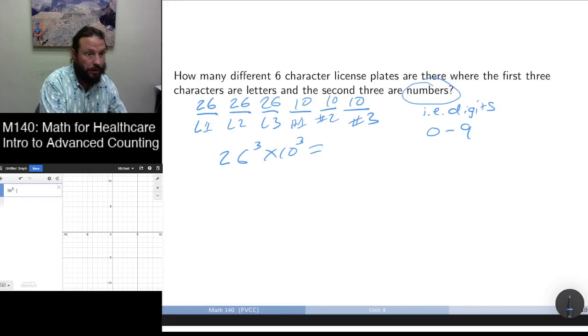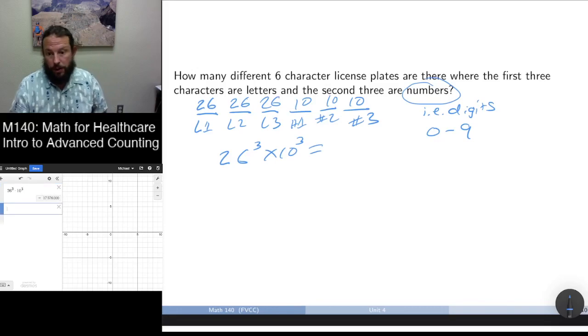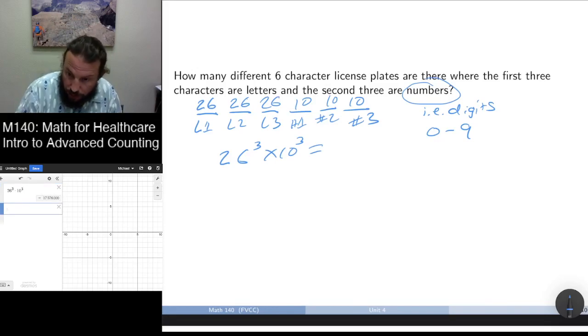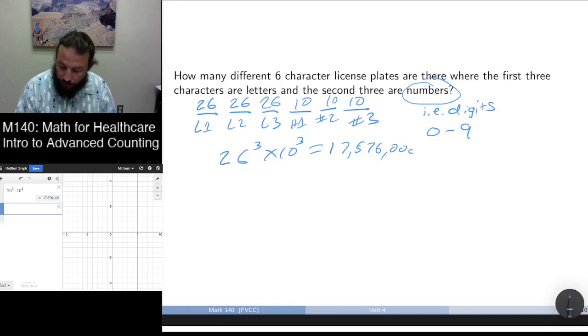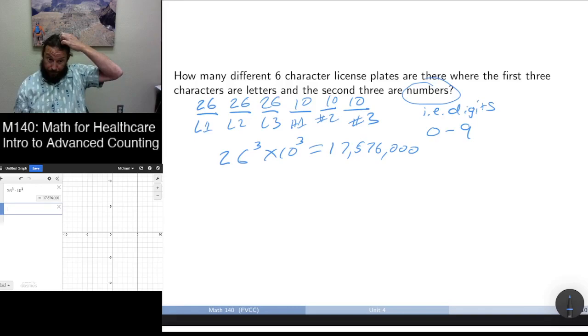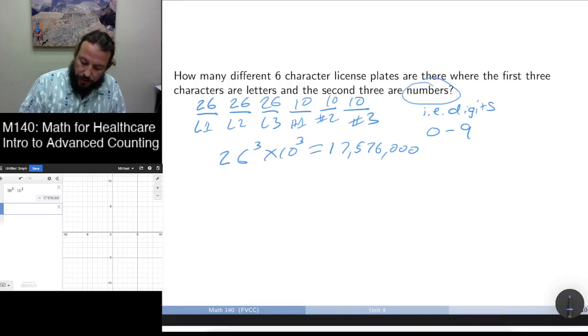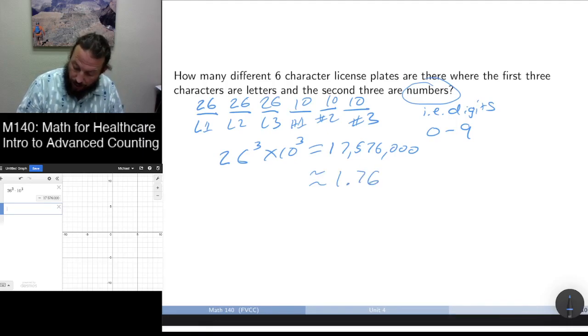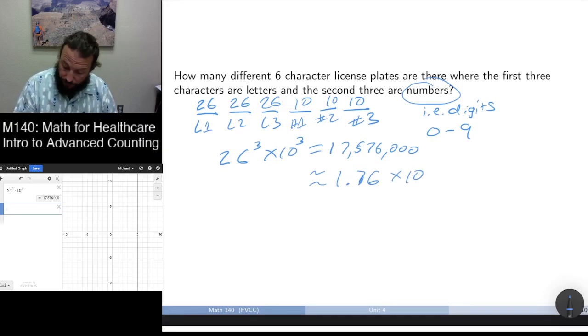But you should get used to doing this. It's good to see these big numbers so that we get an understanding of them. So this is about 17.5 million, right? And just as a reminder, in scientific notation we'd write this as, say, 1.76 rounded, times 10 to the 7.